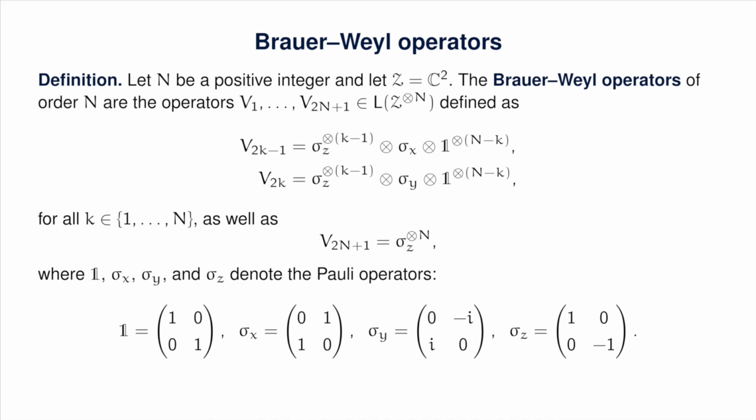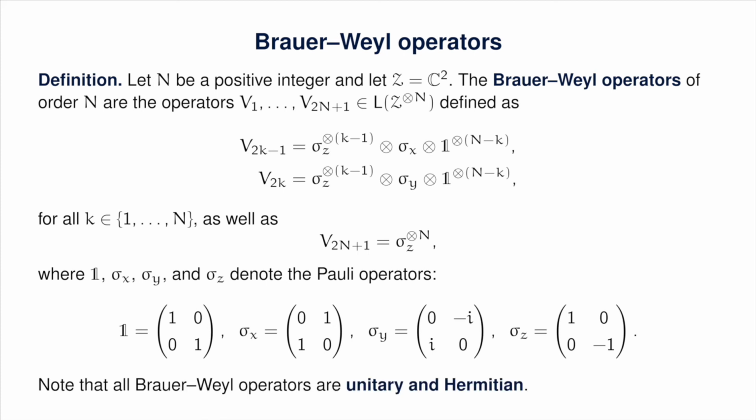With the exception of the last one, the odd-numbered ones look like sigma z tensored with itself some number of times, tensored with sigma x just one time, and then tensored with the identity some number of times. The even ones are similar, except it's sigma y instead of sigma x, and the last one is just sigma z tensored with itself n times.